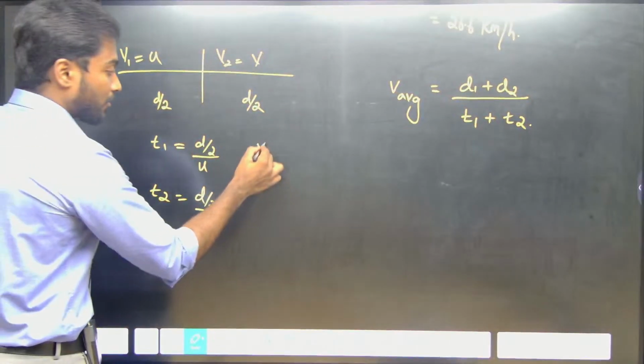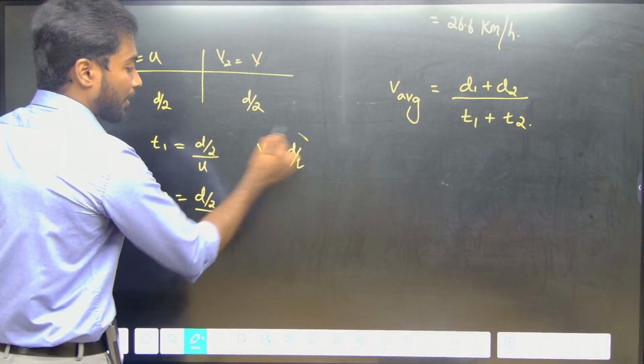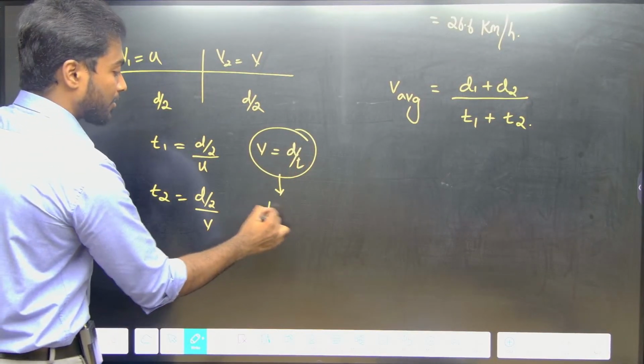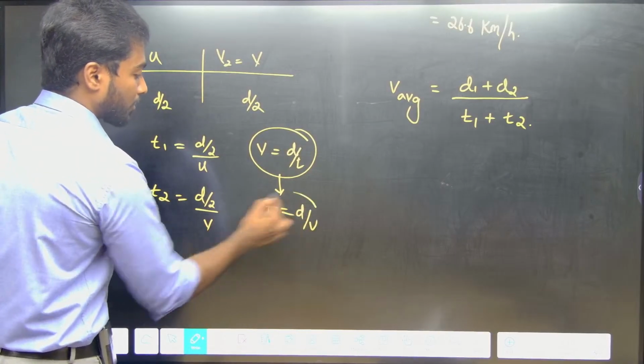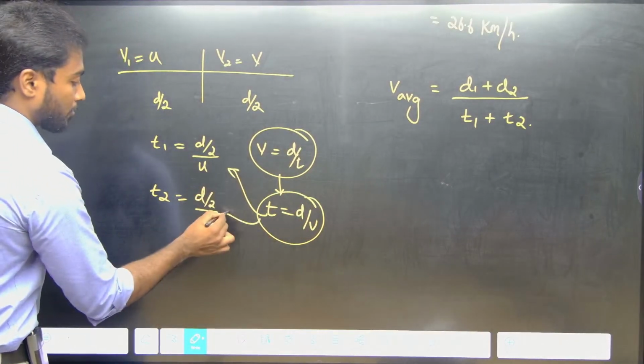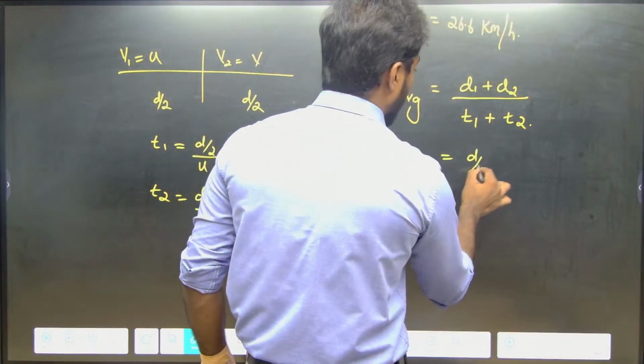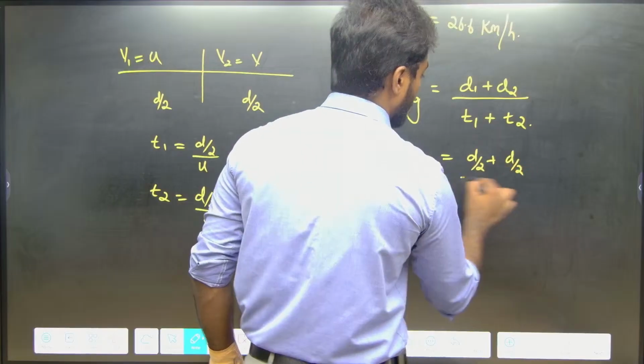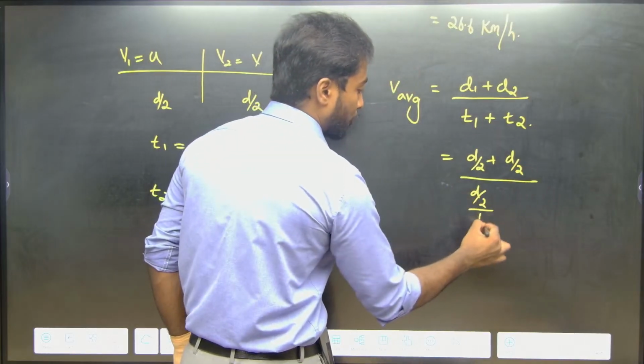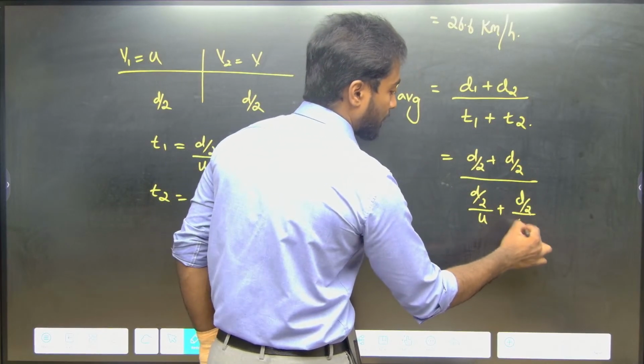That means v is equals to d by t, right. From this can I write t is equals to d by v? Got it? I will substitute the values. d by 2 plus d by 2 divided by d by 2 by u plus d by 2 by v.